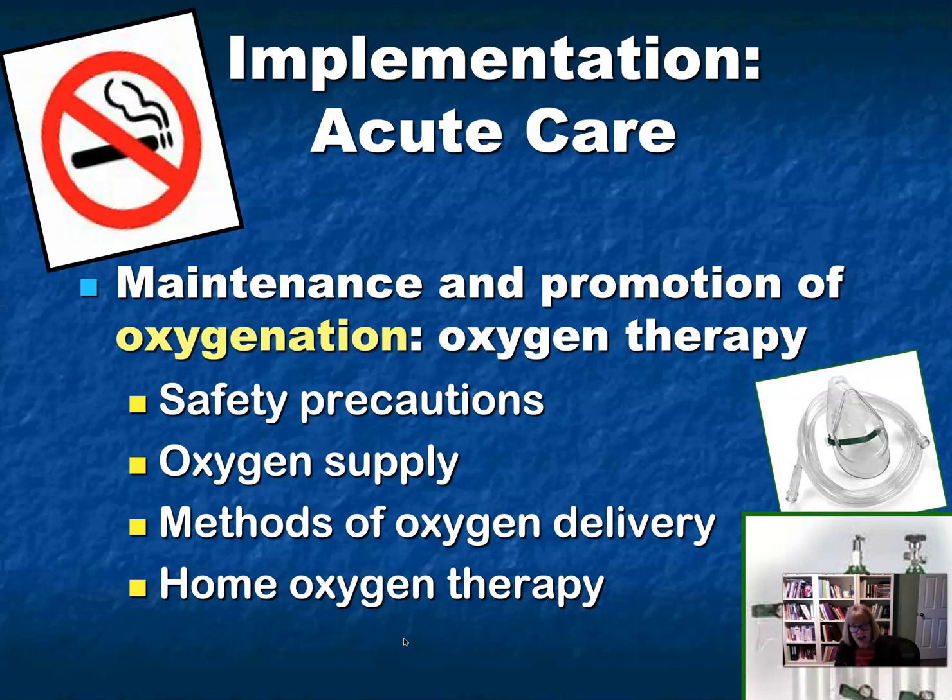A face mask should never be used with a liter flow less than 5. You have to have enough flow going in that mask to force out the CO2 that is exhaled. You don't want people rebreathing that. They need the oxygen. So it helps clear and flush out that mask.